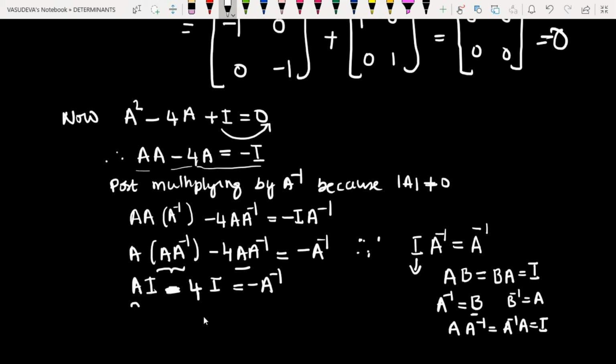When you multiply the identity matrix with any matrix A, we get the same matrix itself. Therefore this is I minus 4 A inverse is equal to minus A inverse.